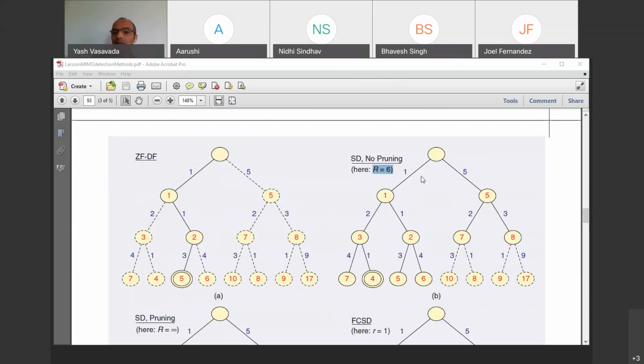Suppose capital K was not 3, but suppose it was 4. Then who can tell me what will happen in the next iteration? Suppose there was one more level of this tree.